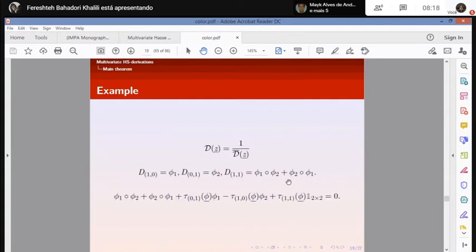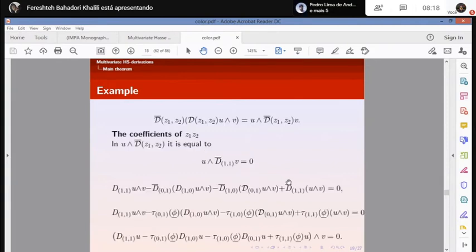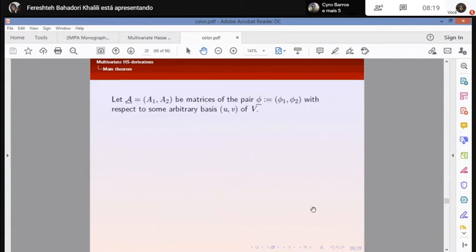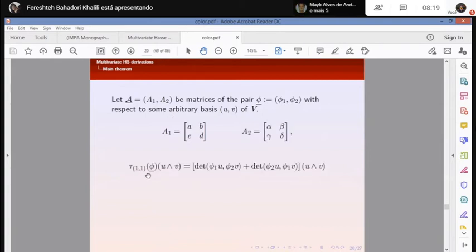So the last equality becomes like this. Now, if we consider the matrices of these endomorphisms in any basis and denote them by A1, A2, where A1 is this matrix and A2 is this matrix, then we can compute the trace of phi 1, phi 2 as the determinant of this matrix.